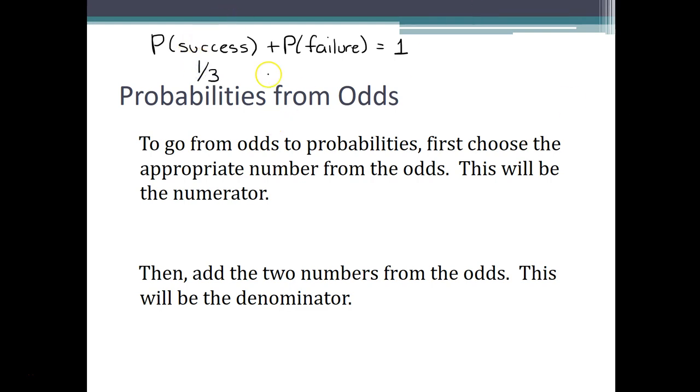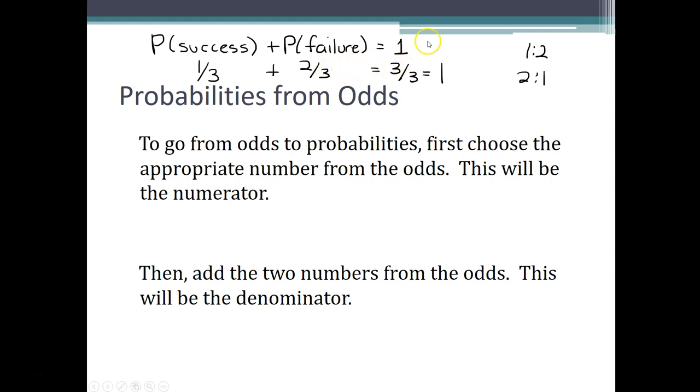You have 1/3 plus 2/3. That equaled 3/3 or 1. But notice too that the numerators 1 and 2 add up to the denominator. And those numerators also are what make up the odds. Like you had 1 to 2 or 2 to 1. Those numbers in the odds add up and equal this denominator.